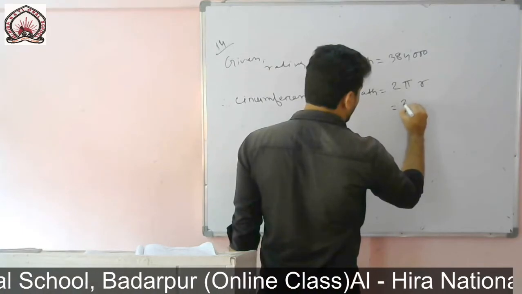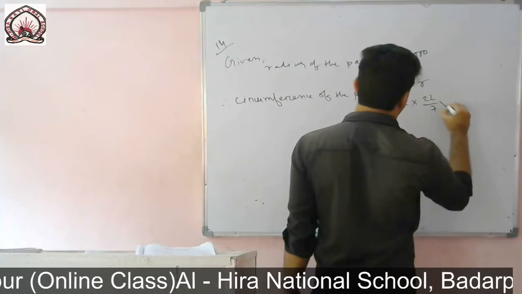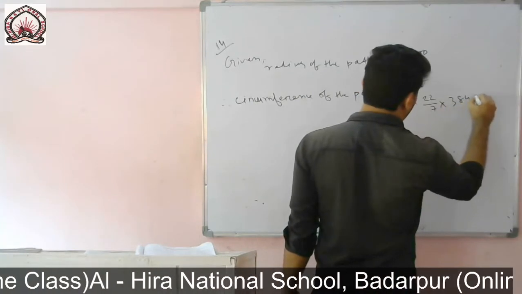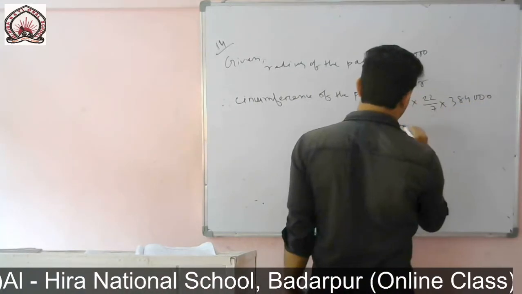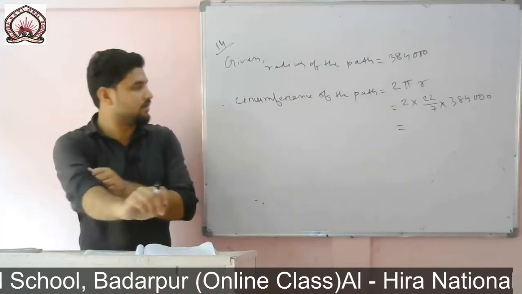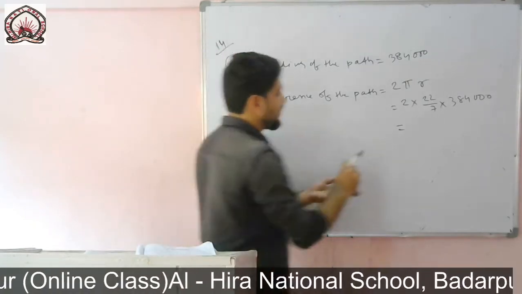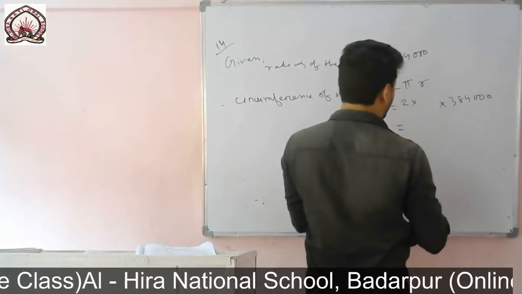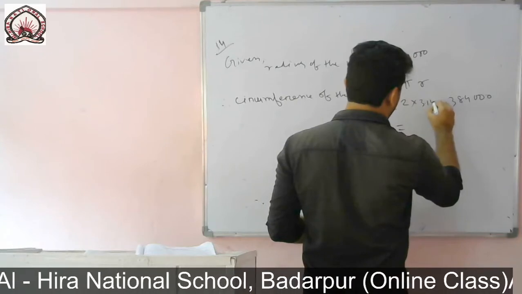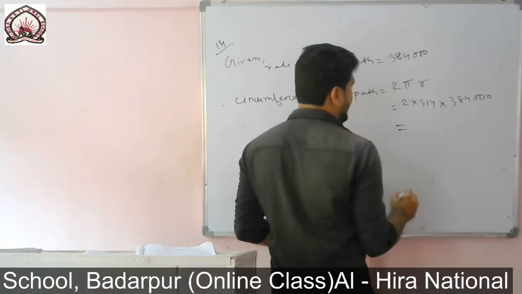So 2 into 22 by 7 into 384000. Okay, now we have to calculate this one. So here use 3.14. Don't write 22 by 7, use 3.14.